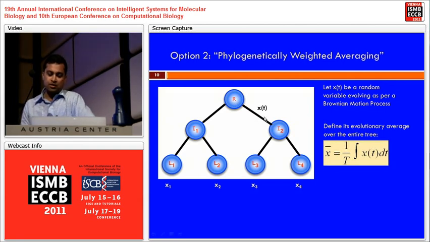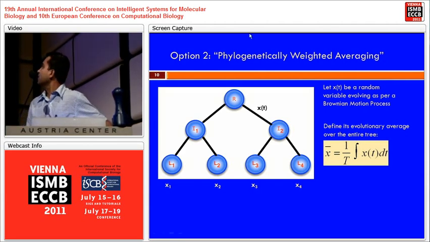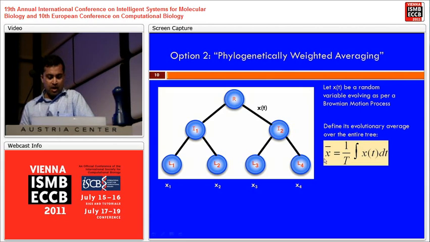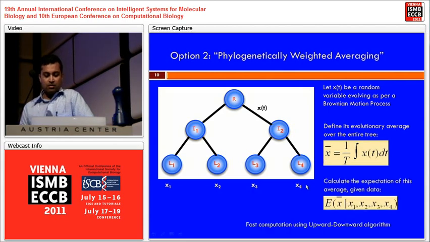You can define the evolutionary or temporal average of this variable over the entire tree. It's simply an integral of the variable over all the branches divided by the total time span. And then you can compute the expectation. So this is a random variable in itself, because x_t was a random process.